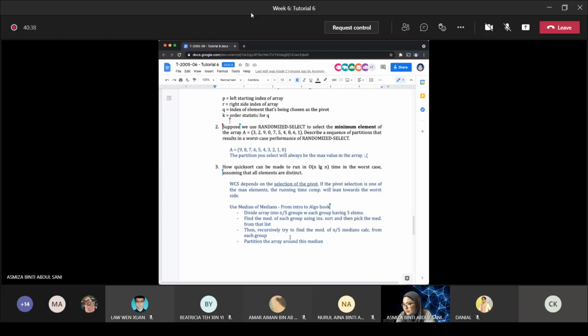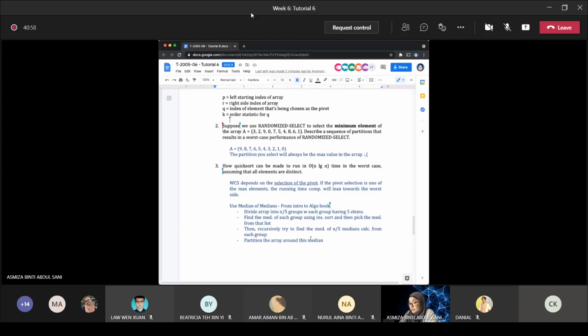So here your friend has given the answer. Worst case depends on the selection of the pivot. If the pivot selection is the maximum element, the running time degrades.